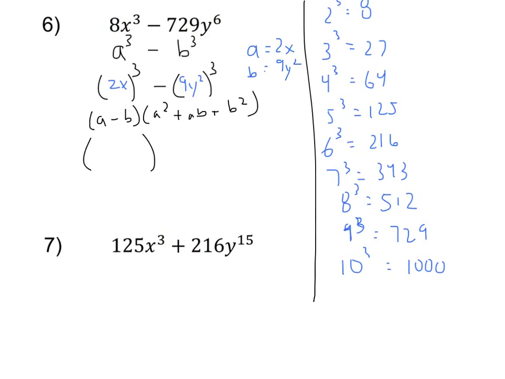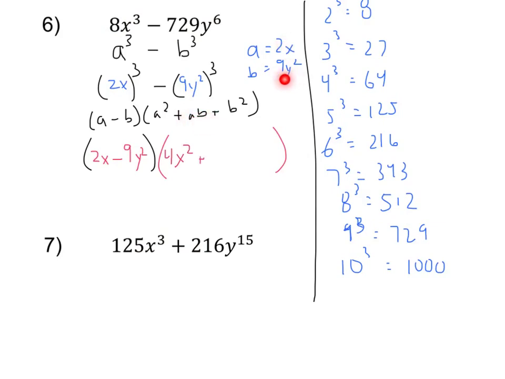So I need to do a minus b. That's going to be 2x, excuse me, I'm still getting over my cough, minus 9y squared. And then here, I need to take a and square it. Well, the quantity 2x squared, 2x times 2x, that would be 4x squared. Plus, I need to do a times b.